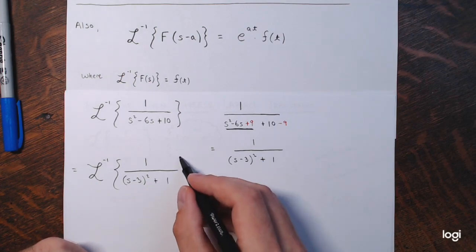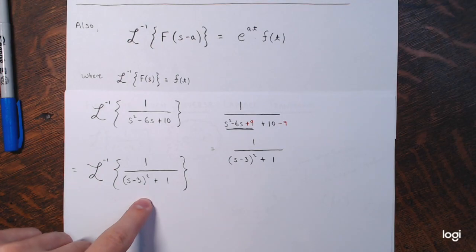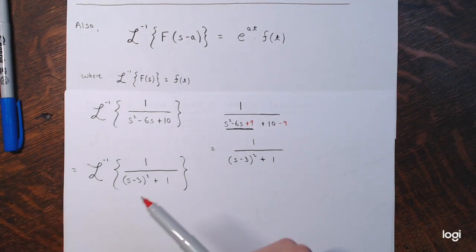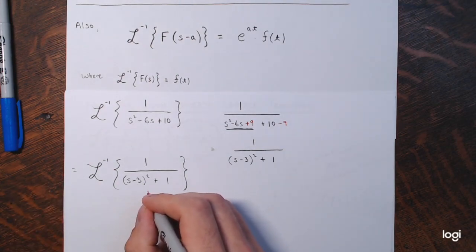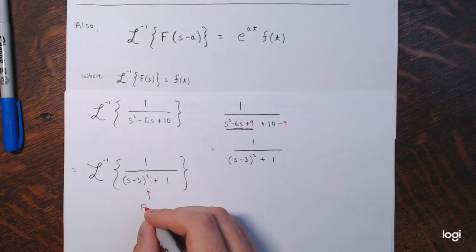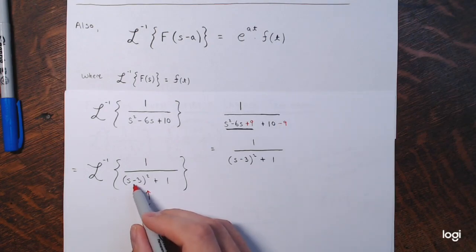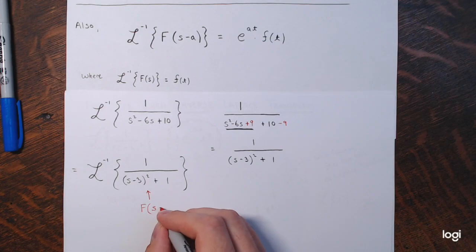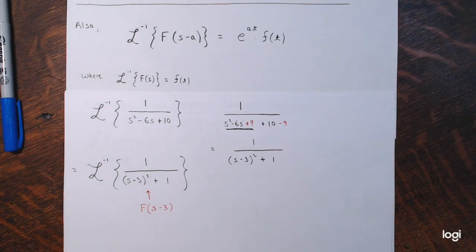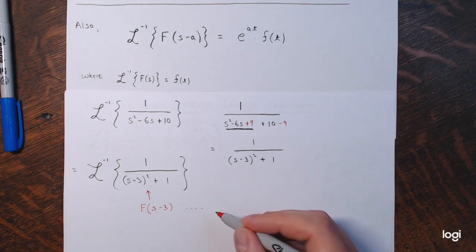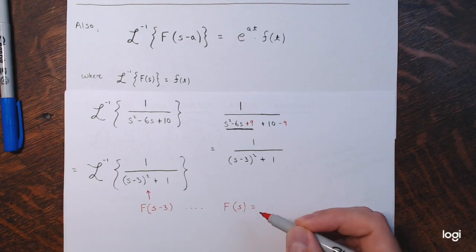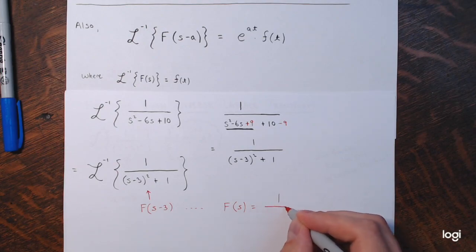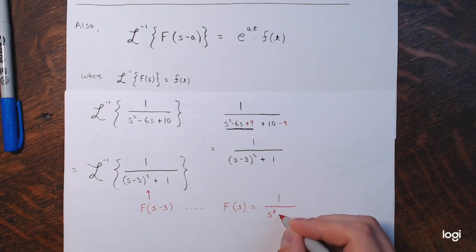And hopefully now you can see, oh, this is some function, say capital F, where s is replaced by s minus 3. This is some function of s minus 3. And if that's the case, then capital F of s is 1 over s squared plus 1.